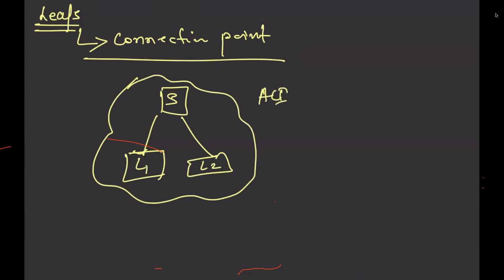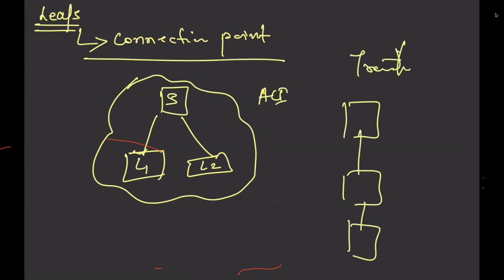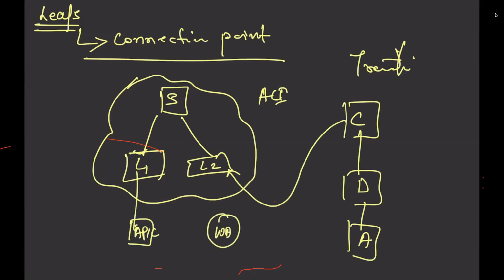If you have a 3-tier architecture running in your traditional environment, with core layer, distribution layer, and access layer, and you want to connect your core device, you connect it to the leaf. Similarly, APIC is also going to connect to your leaf. If you have a WAN router, that also connects to the leaf.